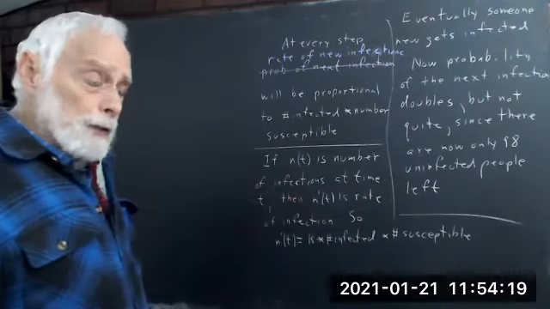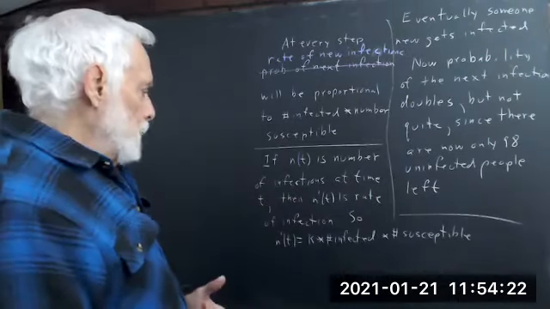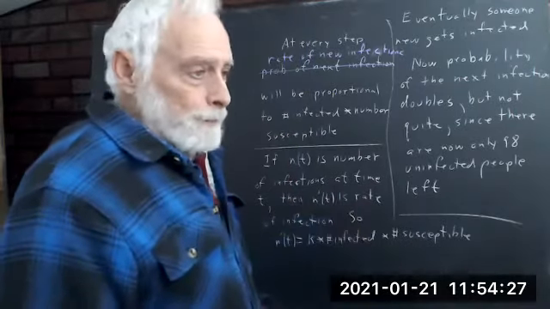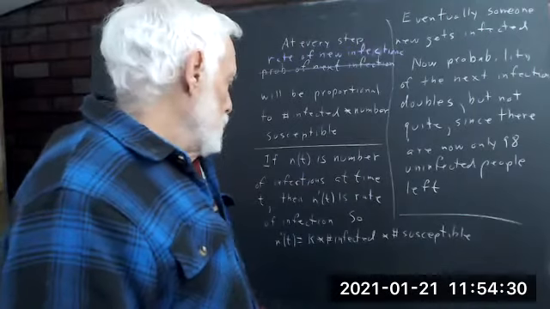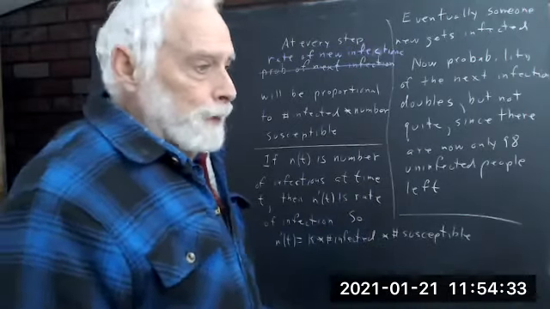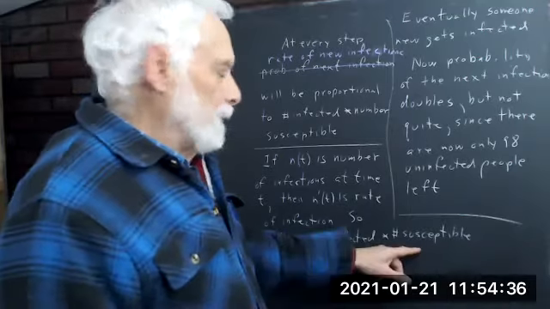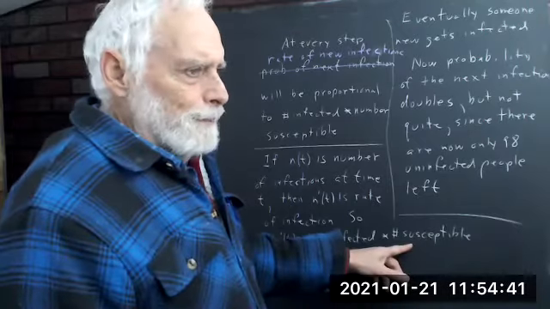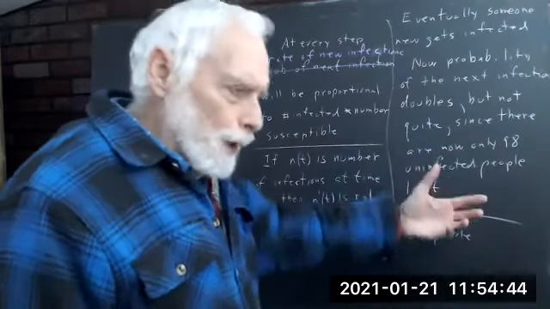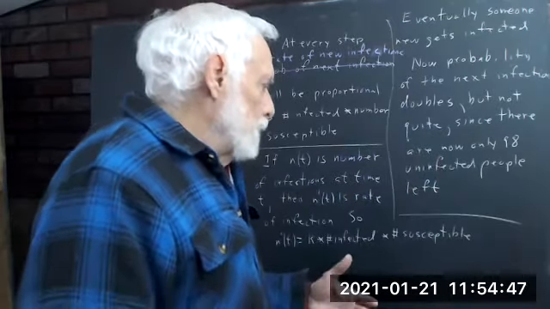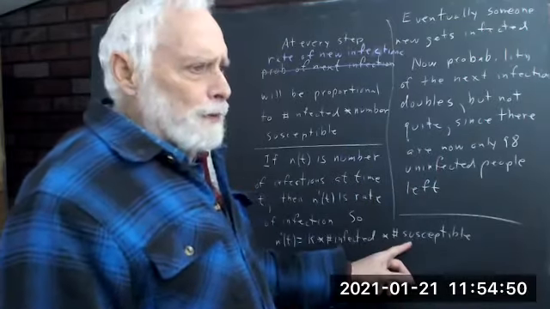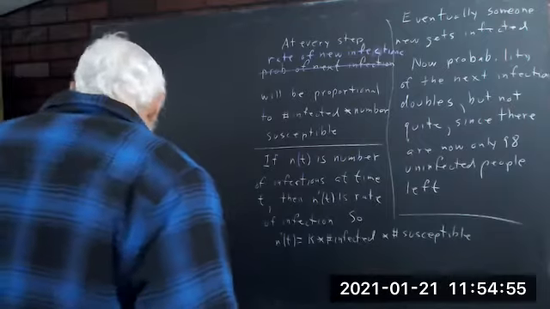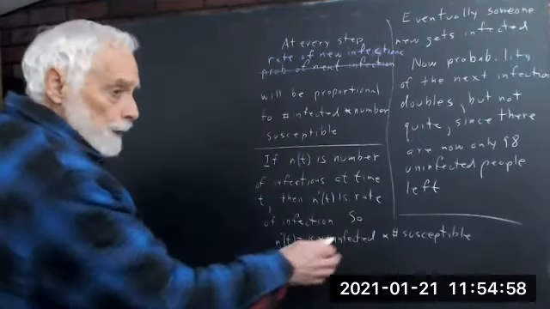That's not realistic, but you can easily expand this a little bit by including another number, which is the number who are immune. You would subtract that from the number infected, and that still gives you your number susceptible. So that can be dealt with. We're not going to worry about that right now. It's a fairly obvious idea.